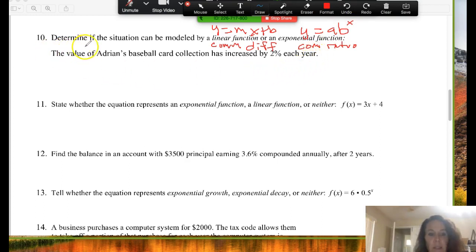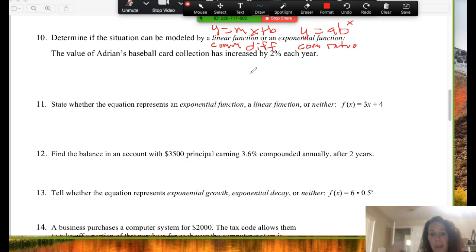So if we look at this, am I adding a common difference or multiplying by a common ratio? The value of Adrian's baseball card collection has increased by 2% per year. If I said Adrian's baseball collection had increased by 2 cards, then I would add 2 cards each year. But no, 2% per year.